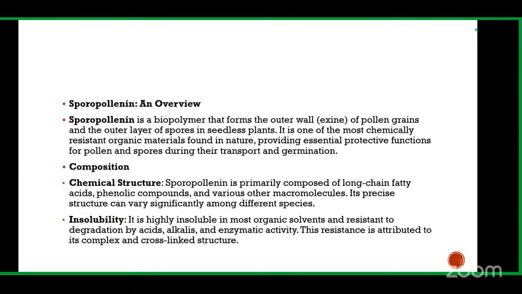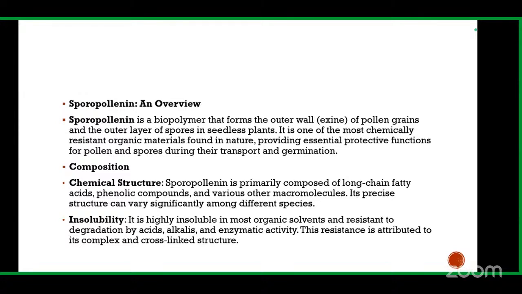It is the most chemically resistant organic material found in nature, and it provides an essential protective function for pollen and spores during their transport and germination.